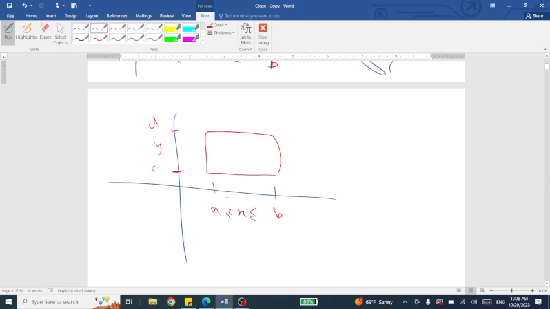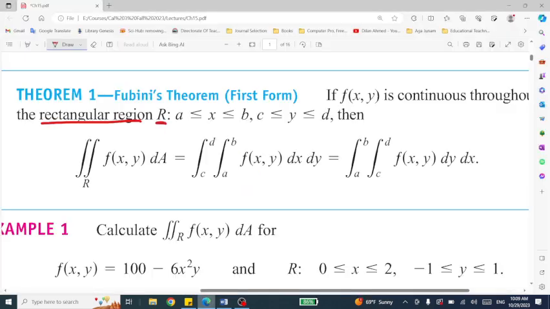Am I right? So that's why we say our region R is between a and b and c and d. You can see from here your value x is between a and b, and your value y is between c and d.